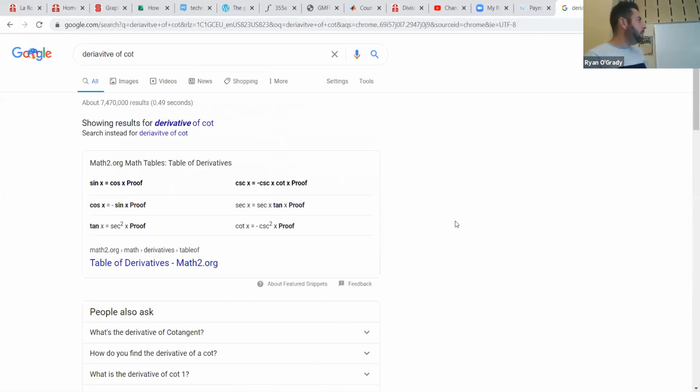And without much fanfare, what we failed to see this whole time is that there was a simple identity that we could have used from the very beginning. And this is not on you, this is a similar thing for me. I don't have memorized in my head the derivative of the cotangent. I just don't.